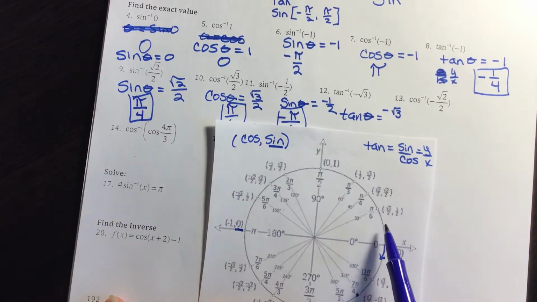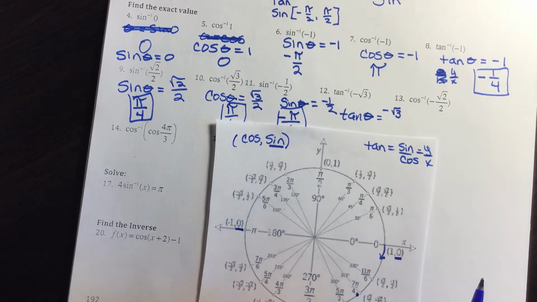So here is a y that has a square root of 3 in it, but if it has to be negative, I'm going to look at this angle down here. Negative square root of 3 over 2. All right, so if I use these two values for y and x, I divide a negative and a positive, and that will give me a negative.